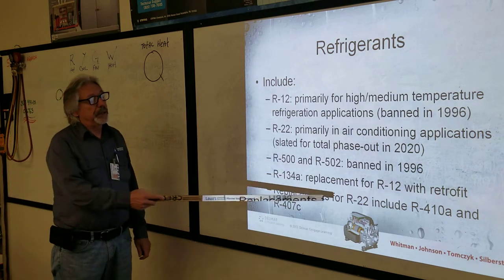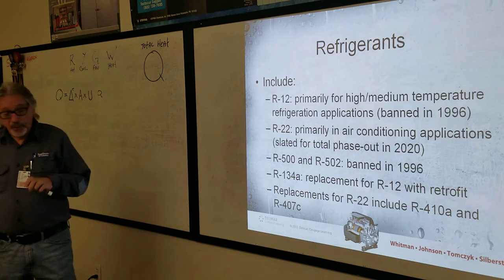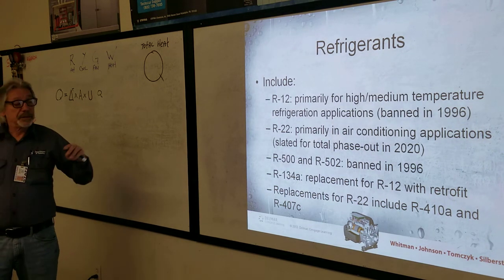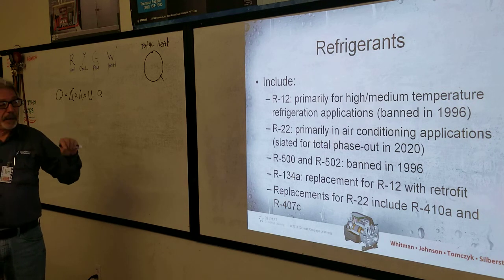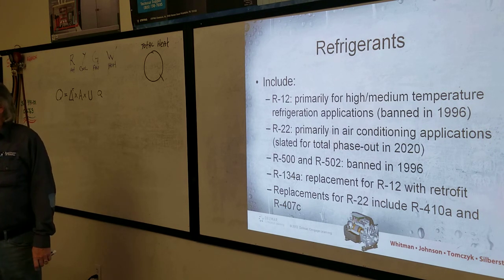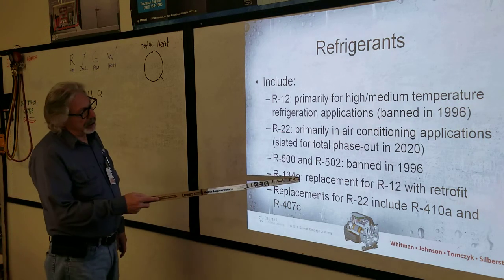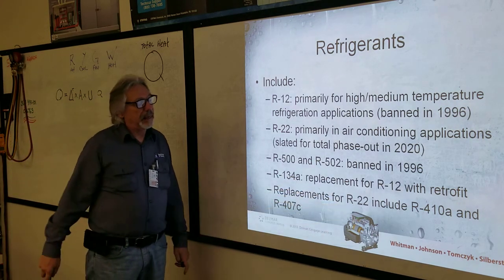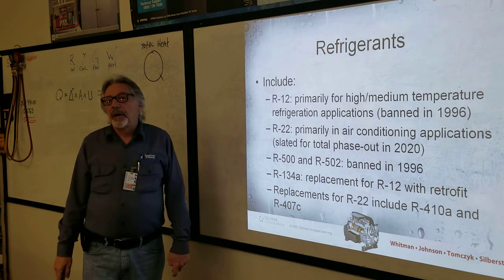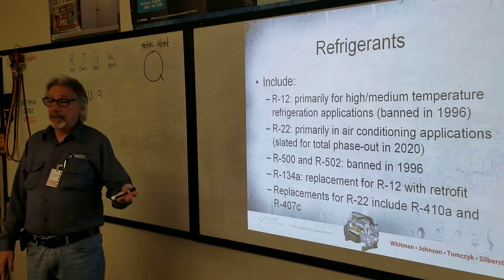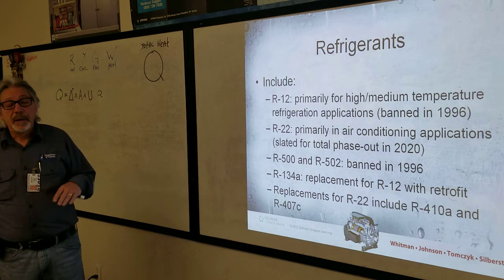A lot of the replacements on the market for R22 are already banned because they had small amounts of R22 in there. You can change the proportion of a blend, say you have 5% R22 in that blend, and now it's classified as a new refrigerant.